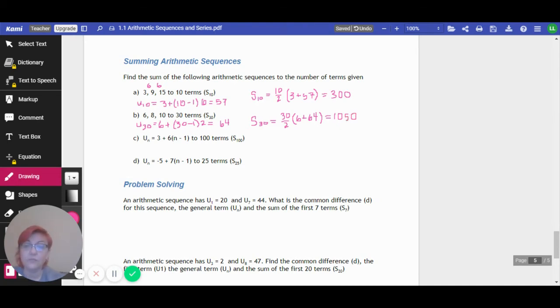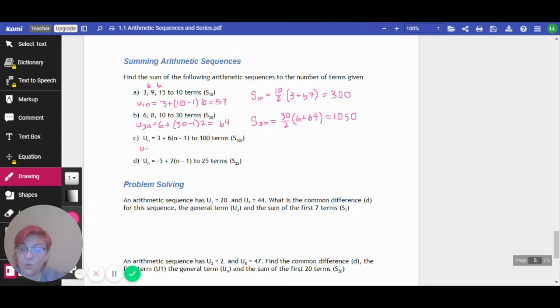Next, we are given our general term here to 100 terms. Okay, so I know that I need to find the 100th term.